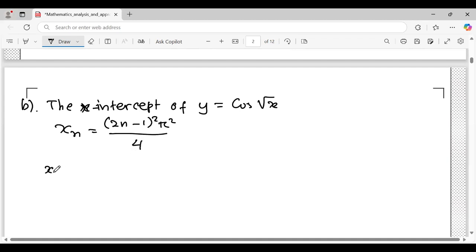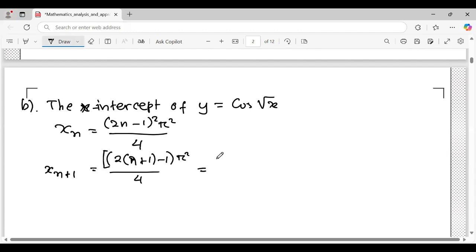It means xn plus 1 becomes 2 times n plus 1 minus 1, divided by 2, oh sorry, pi squared.